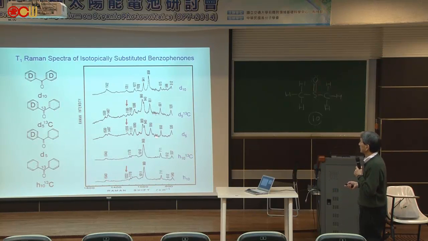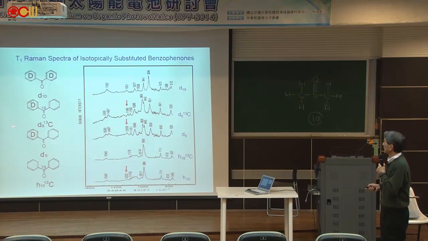and found that the effect of, say, carbon-13 substitution, all the other parts are very similar, but here you see this band, 1209 in the D5 goes to 1186 for carbon-13.